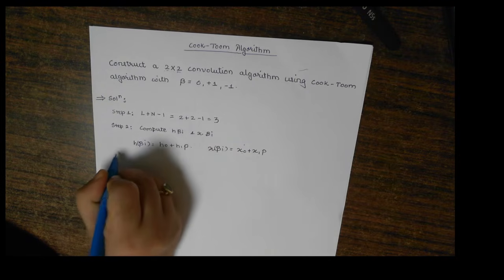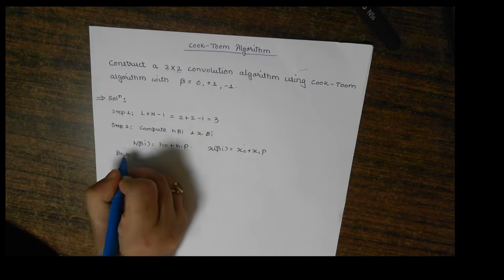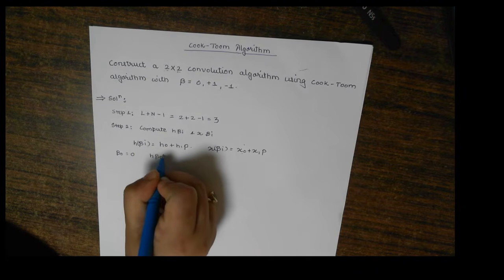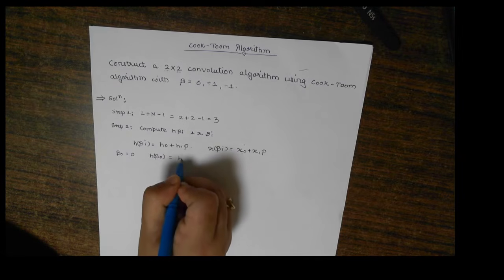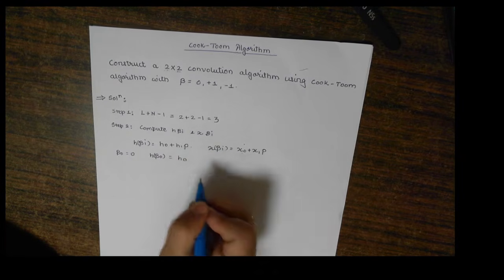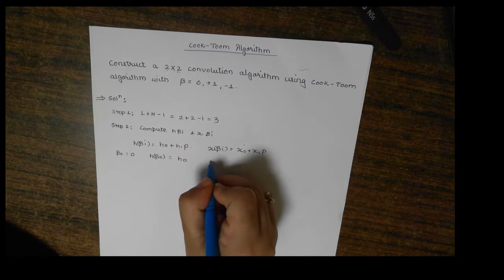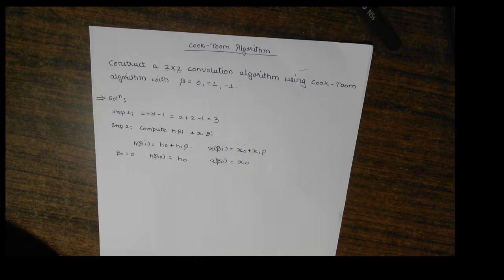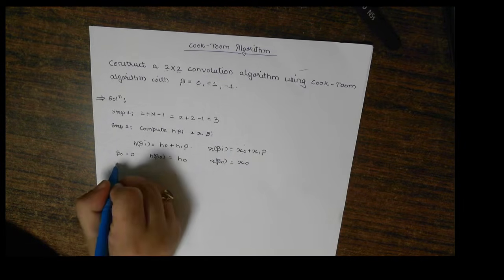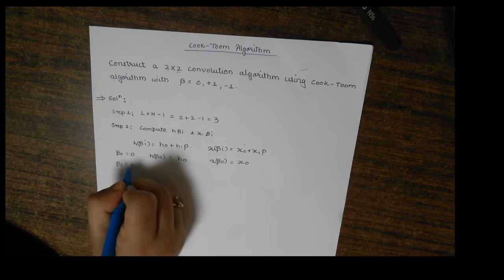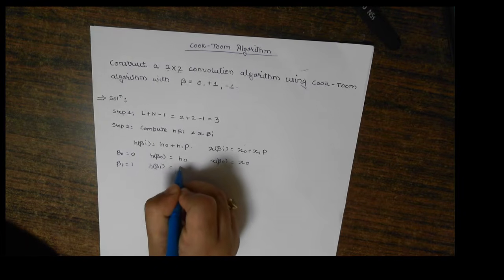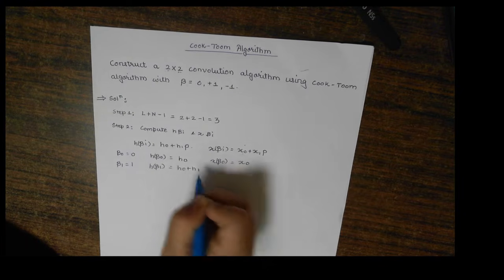Now substitute the values of beta. So beta 0 is equal to 0. The equation of h beta 0 will be equal to h0 plus h1 into 0, that is h0. X beta 0 equals x0 plus x1 into 0, that is x0. For beta 1 equals 1, h beta 1 will be equal to h0 plus h1.